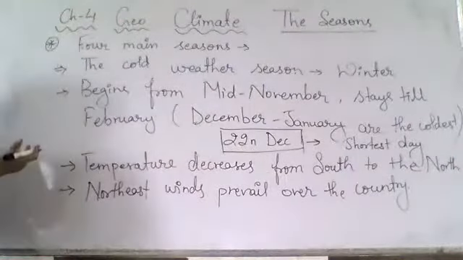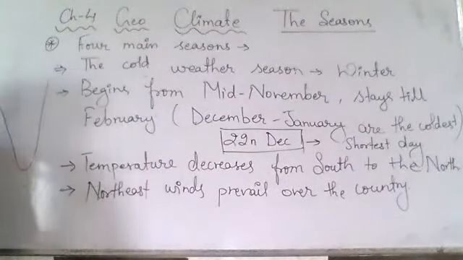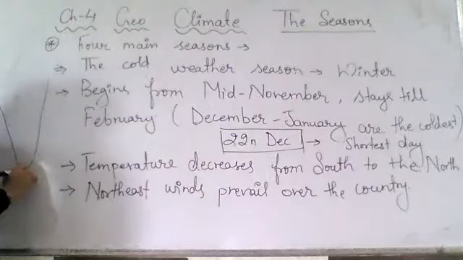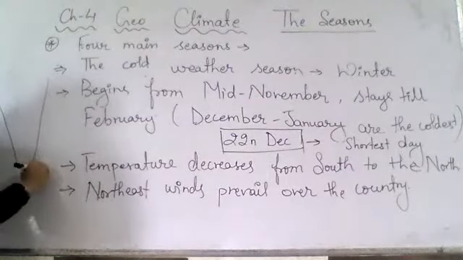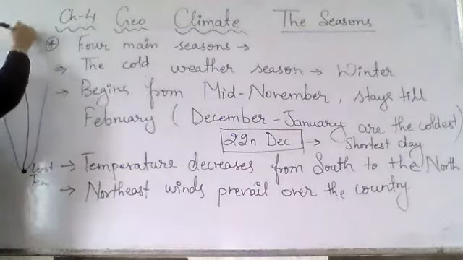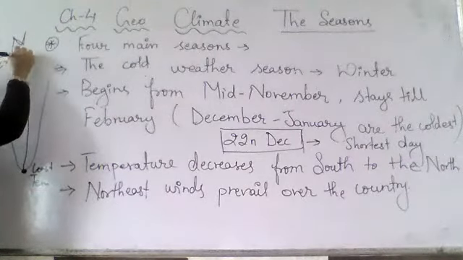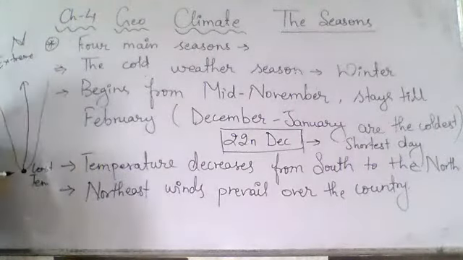So why does it decrease from south to north? So if this is India, south will have the least temperature, but as you move towards north, the north will have the extreme cold.